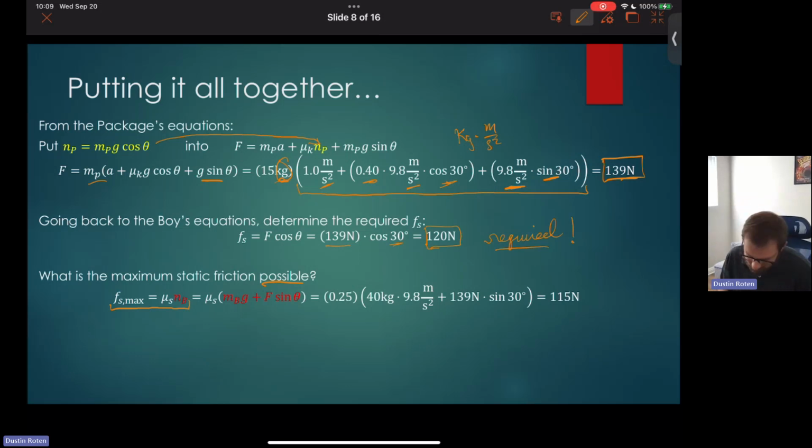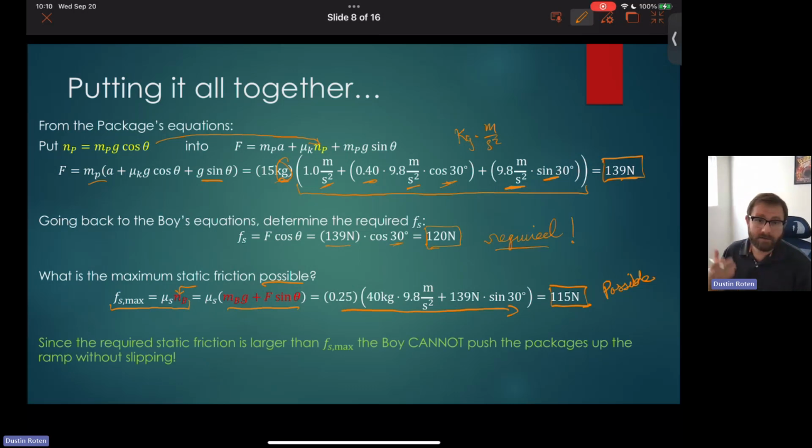Well, this requires us to know the boy's normal force, and we do, because we calculated that. That's from his y direction. So all we're going to do is just plug it in. We now know everything we need. The rest is just plug and chug. There's only 115 newtons possible. That's the maximum amount his shoes can give him.